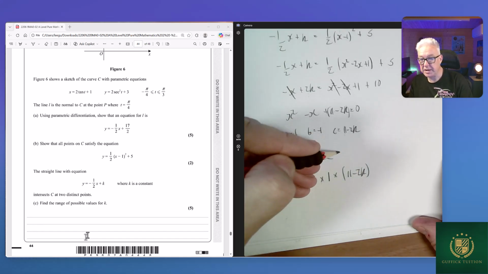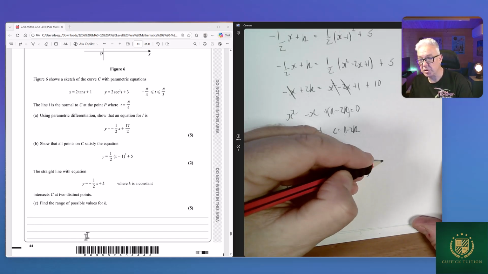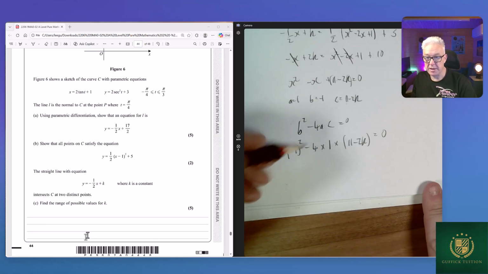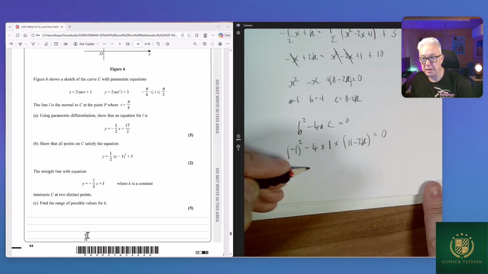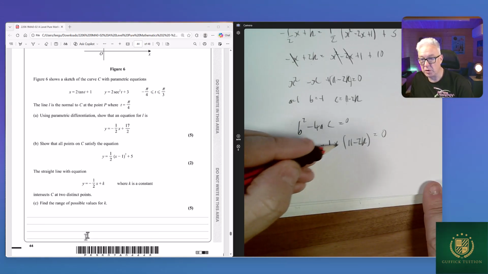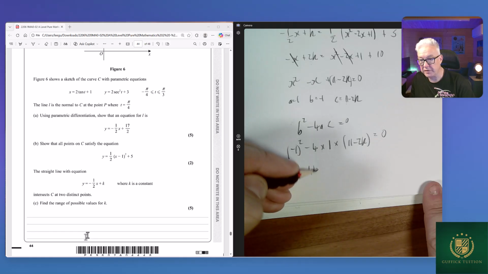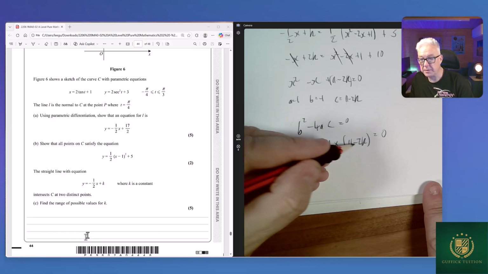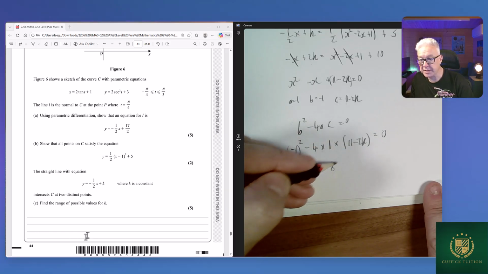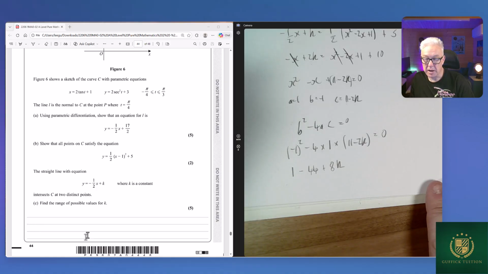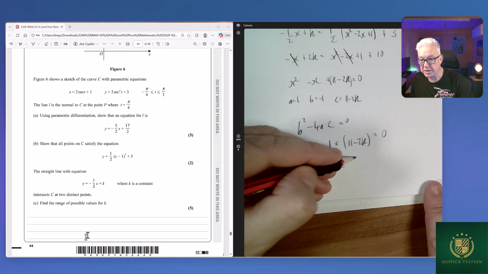And we're setting this equal to 0 for a tangent. So that is going to be 1 minus 4 times 1 times 11 is going to be minus 44. And then a minus times a minus is going to make a plus 8k. Okay, perfect. So that is equal to 0.